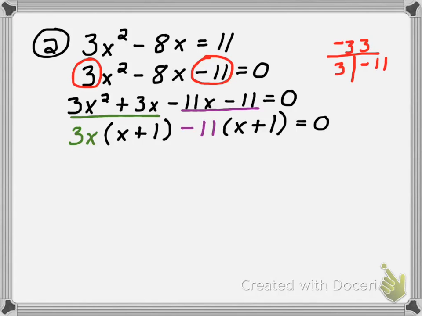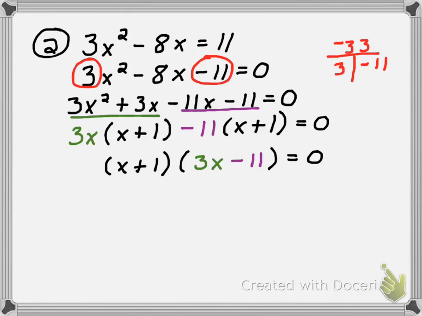Now we're able to factor out that parentheses that they have in common. So when we factor out the x plus 1, that becomes our first factor, and then our second factor becomes what we pulled out of each group. So we have the 3x that we pulled out of the first group, and we have the negative 11 that we pulled out of the second group, and then that entire thing is set equal to 0.